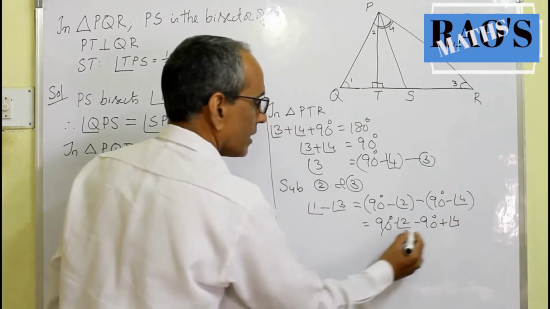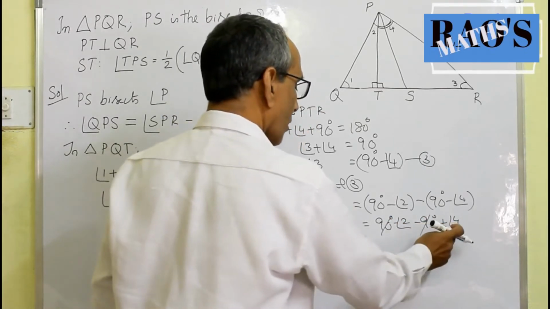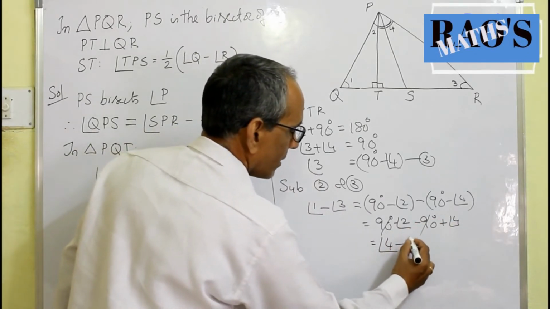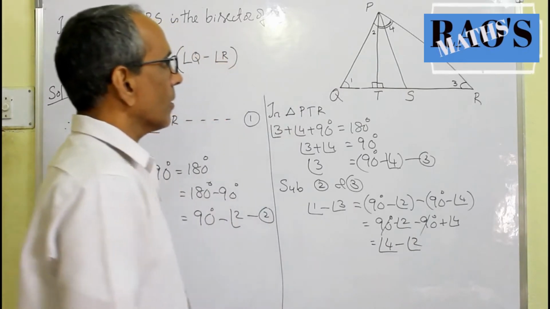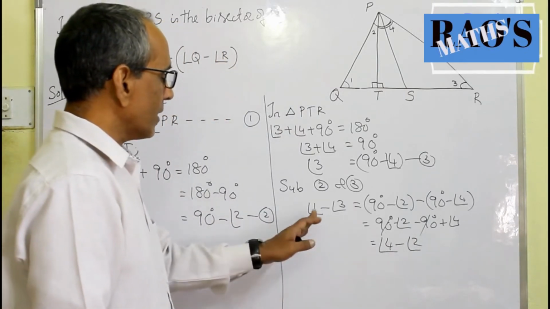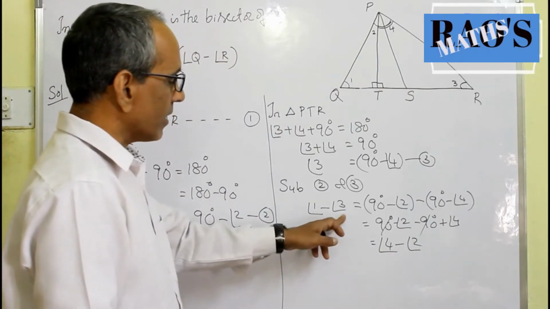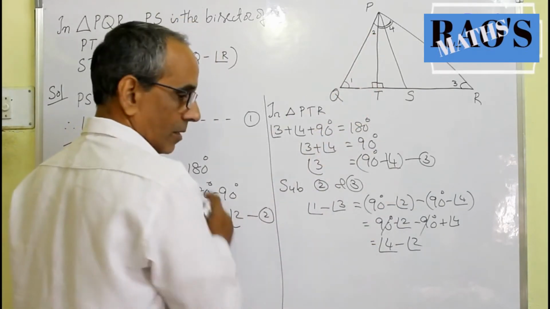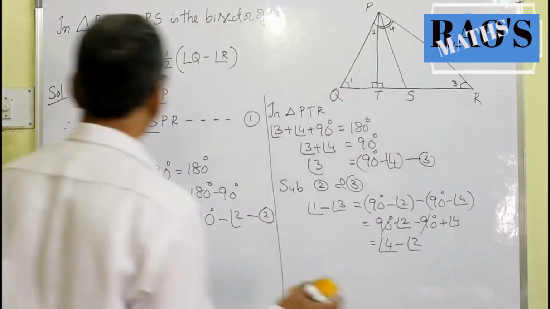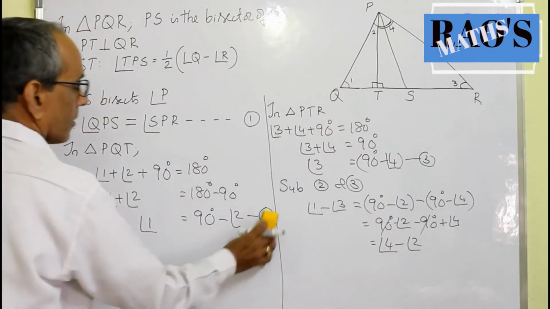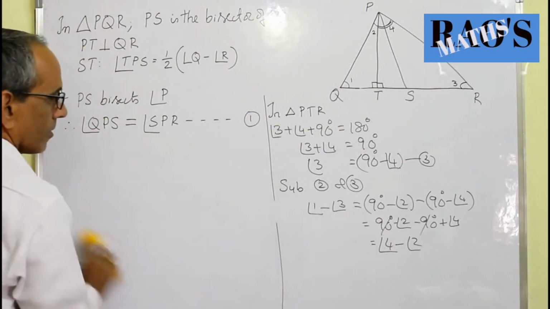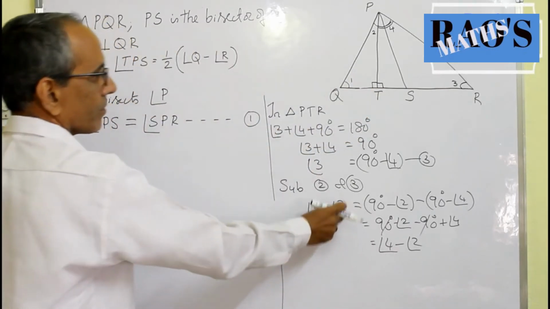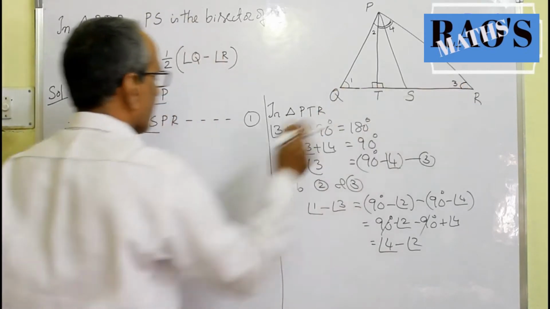Okay. 90 and 90 cancel, so we remain with angle 4 minus angle 2. Now let's write what angle 1, angle 3, angle 4, angle 2 are in terms of letters. So angle 1 minus angle 3 is angle Q minus angle R.